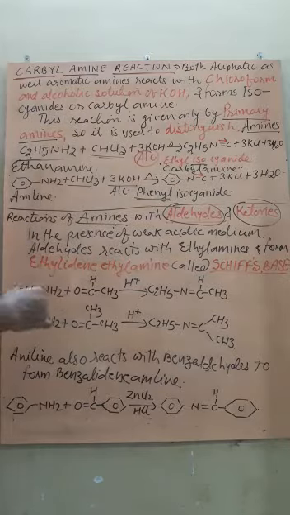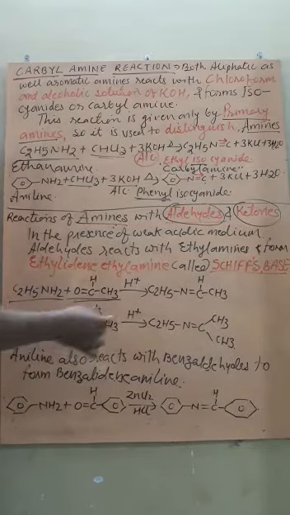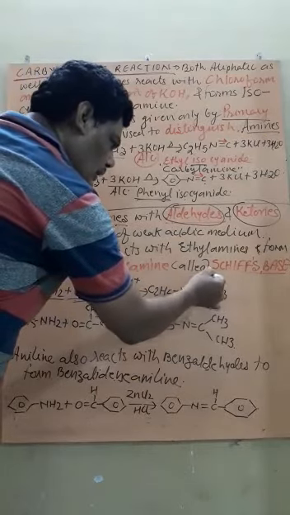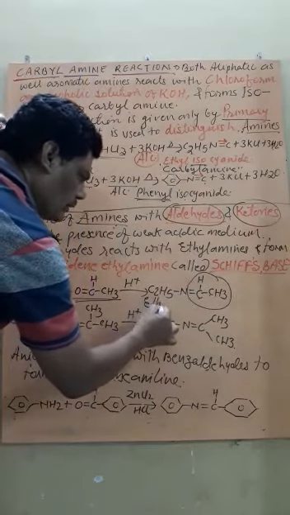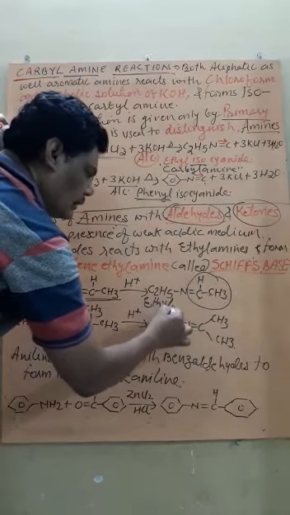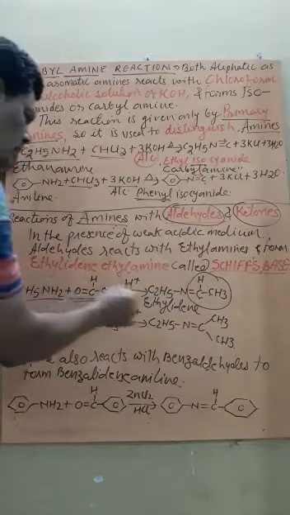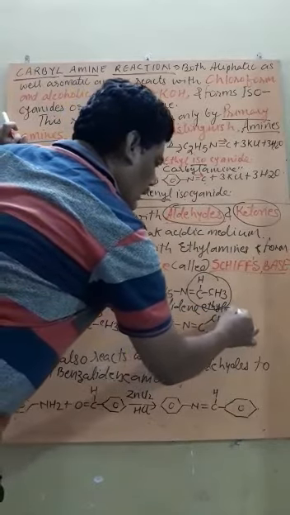What is this reaction? When ethylamine reacts with aldehyde, it forms this compound. From here to here, it becomes ethylidene, and from here to here, it becomes ethylamine. So the compound is known as ethylidene ethylamine.